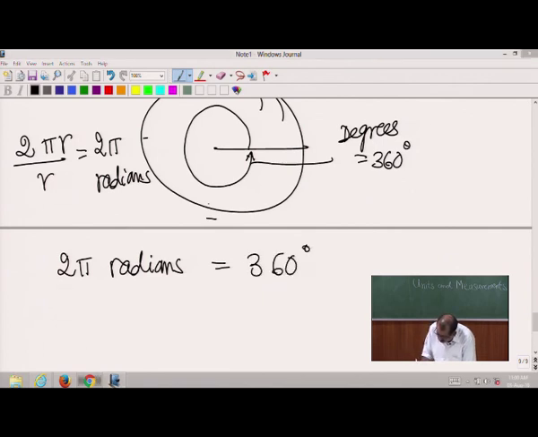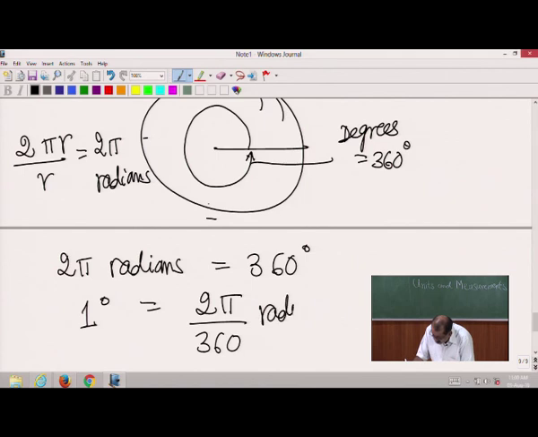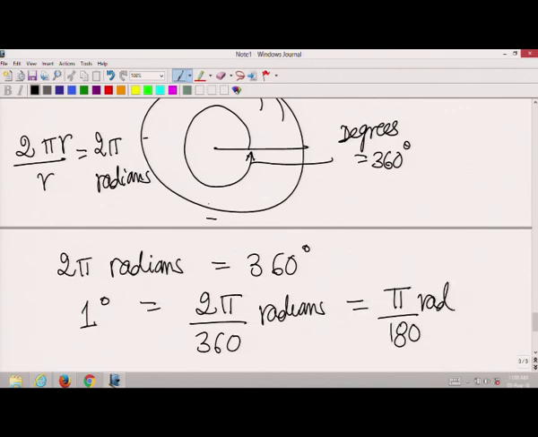Therefore, 1 degree is equal to 2 pi divided by 360 radians, or equal to pi divided by 180 radians.